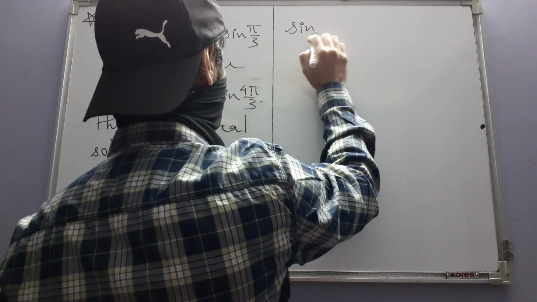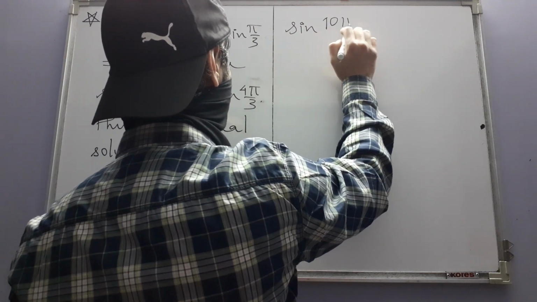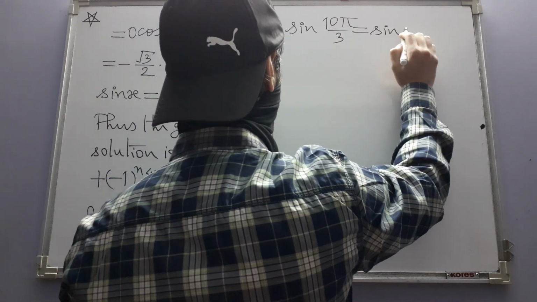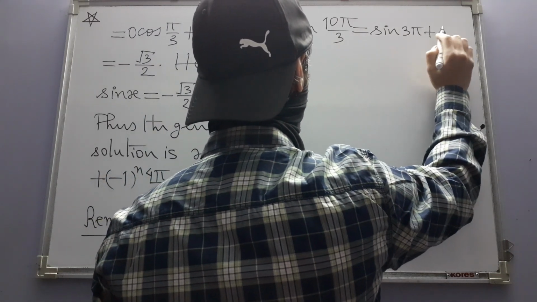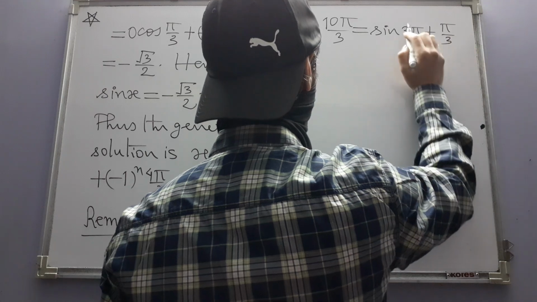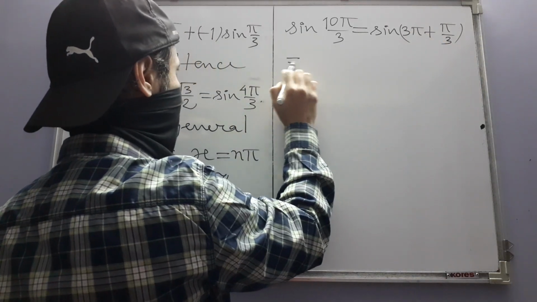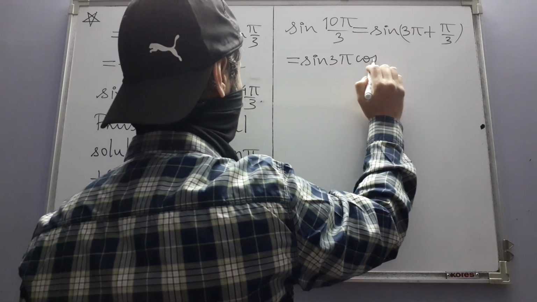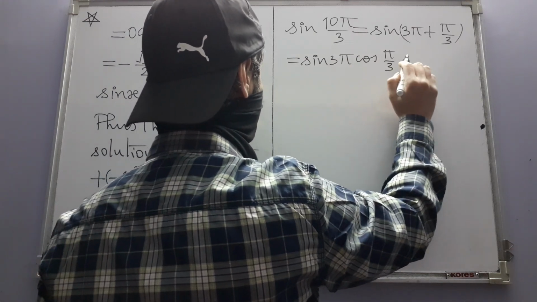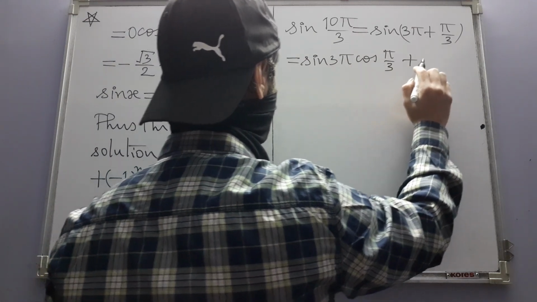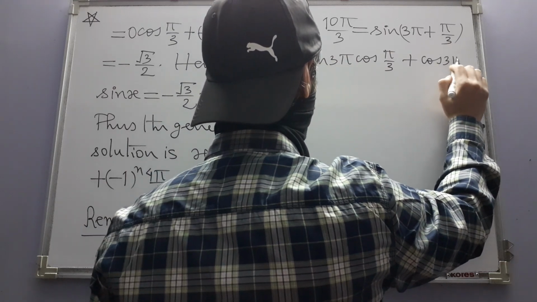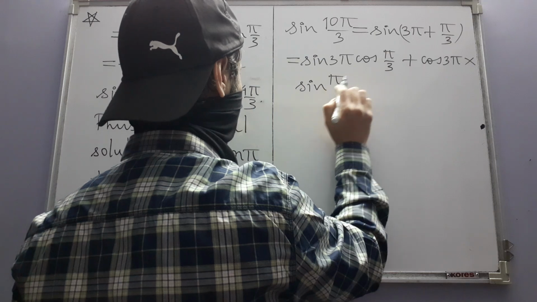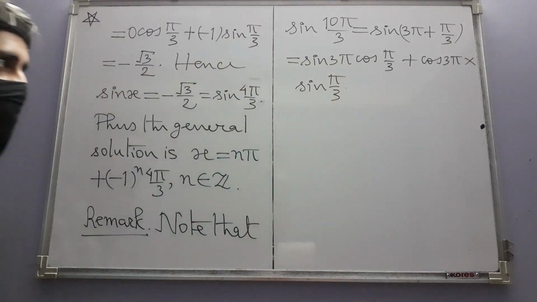Sine of 10 pi divided by 3 is sine of 3 pi plus pi divided by 3. So this is sine 3 pi cos pi divided by 3 plus cos 3 pi times sine pi divided by 3.